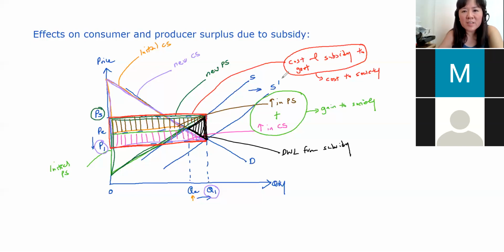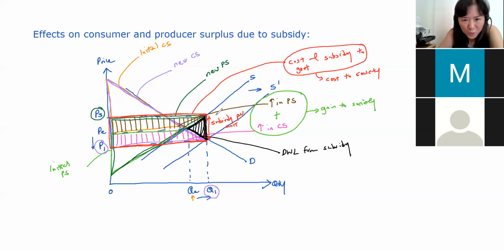Okay, so the thing is this: this vertical distance here is actually the subsidy per unit. So the subsidy per unit multiplied by the quantity transacted, which is Q1, so that's why this whole red area here is the cost to the government for actually implementing the subsidy.